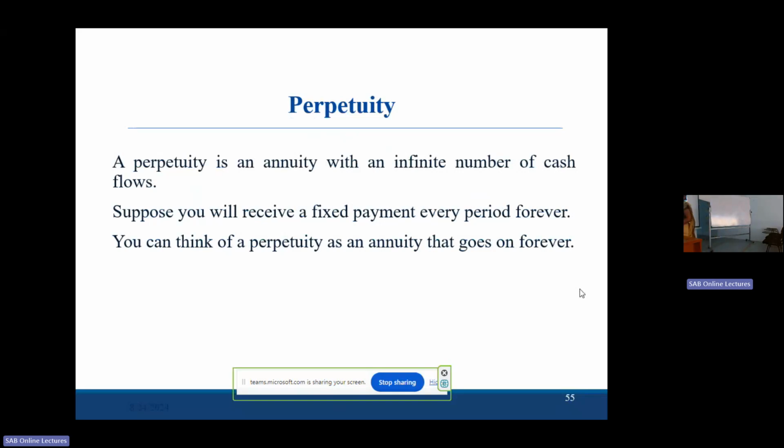So in the case of a perpetuity, conceptually there is an infinite number of cash flows. You will get a fixed payment for a long period, so we consider it as a perpetuity type cash flow.